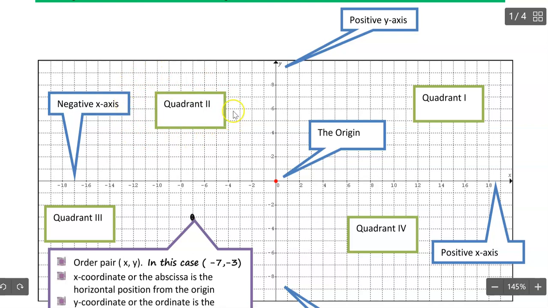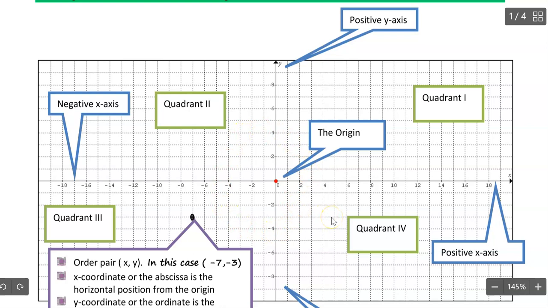This is my quadrant number 2. In quadrant number 2, you see in this part it's just the positive value for y, but you have a negative value for x, because in this particular area it's the negative x-axis. Moving on to the next plane, because we go counterclockwise, right? We start from the positive x-axis, we go counterclockwise, so we go this way.